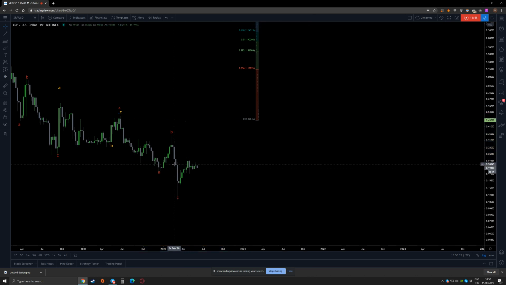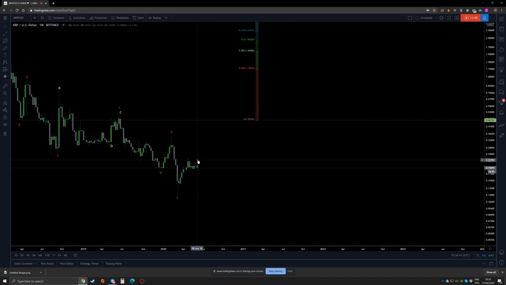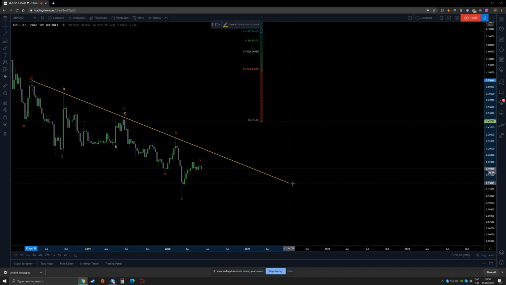So what I do, I will say this ABC is just a flat that will still go on. If it will still go on, it means we need another X wave, because this price action didn't confirm this in time. So what it means? It means I should be looking for a BBB trend line.